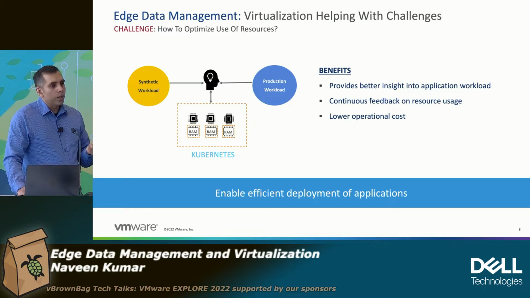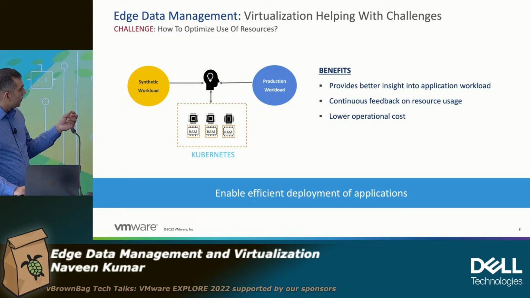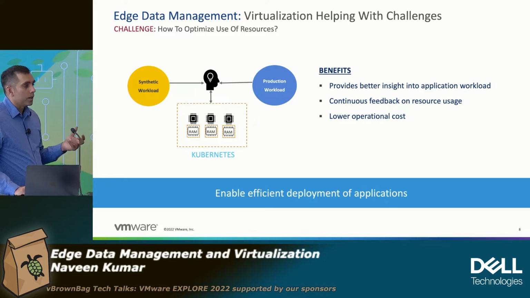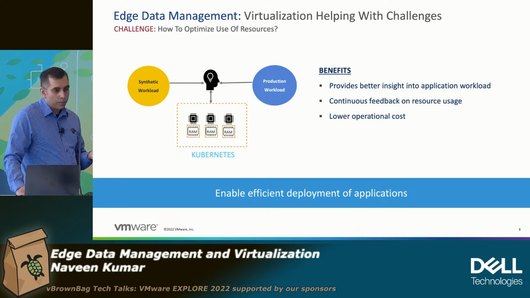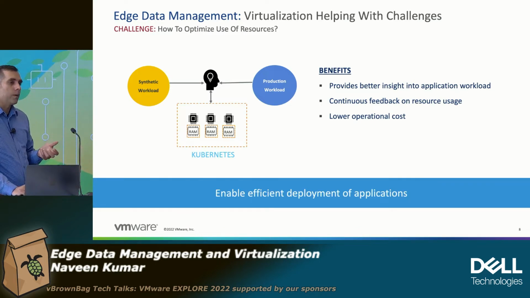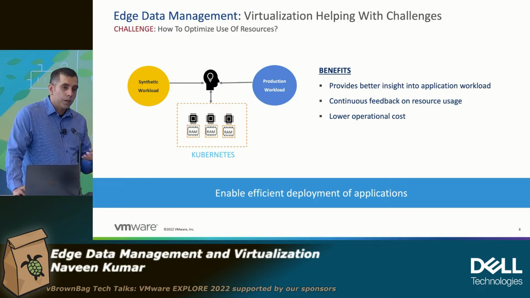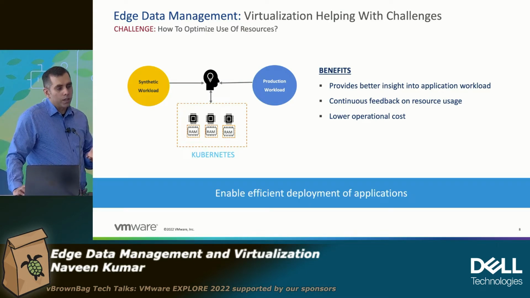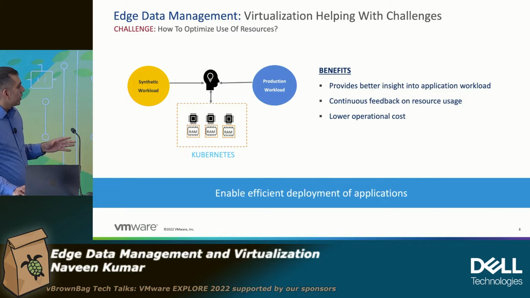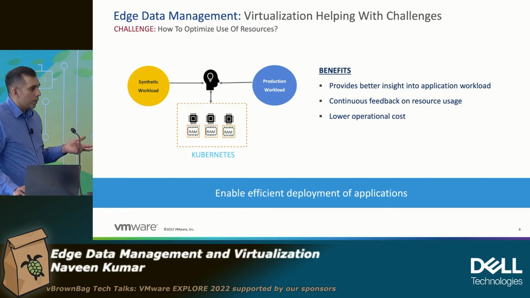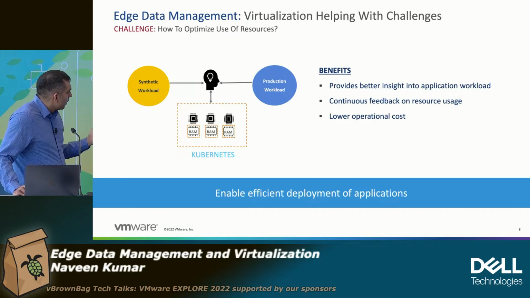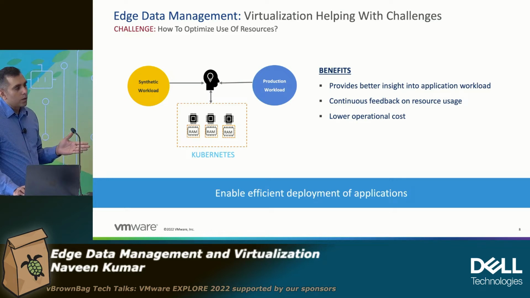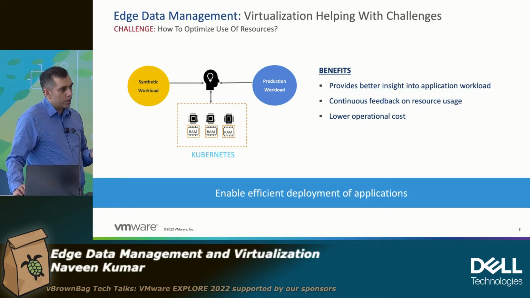So we have to make sure that we use them properly, and Kubernetes does help in that case, because it has granular control on the resources that are allocated to the containers. But the question is, how do we know what resources we need to allocate? To find that out, there is a two-step approach that I suggest. One is synthetic workload. That means pre-production workload optimization effort.